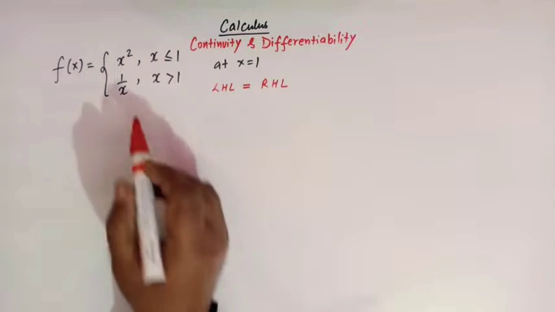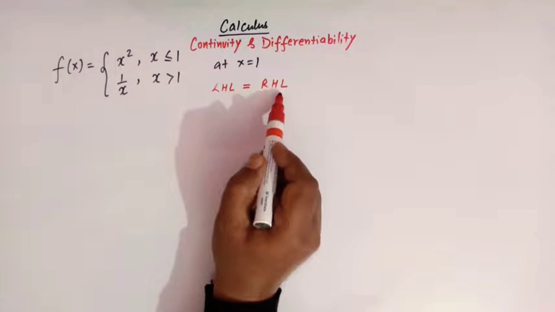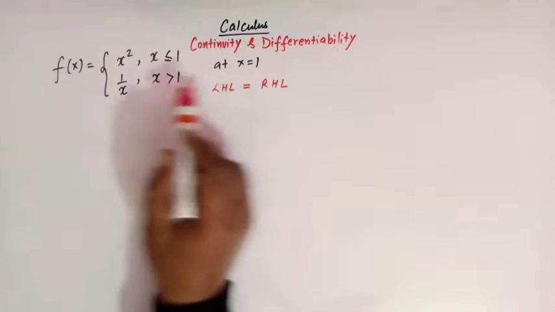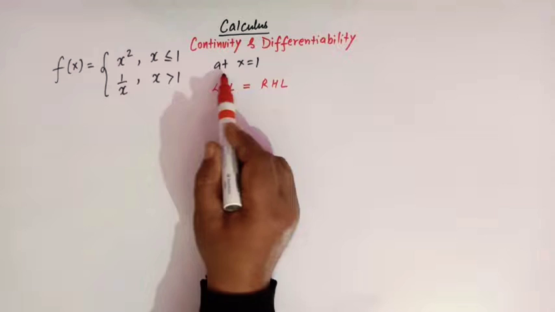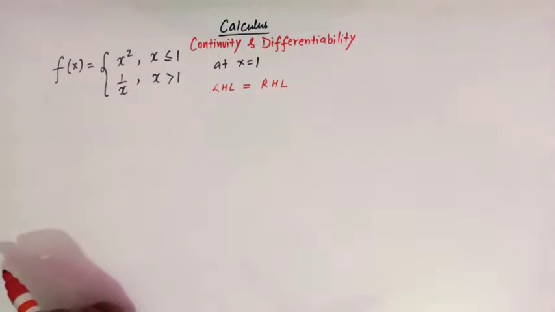When the left hand limit is equal to the right hand limit, we say that the limit of the function exists at the given point, and here the point is x is equal to 1.